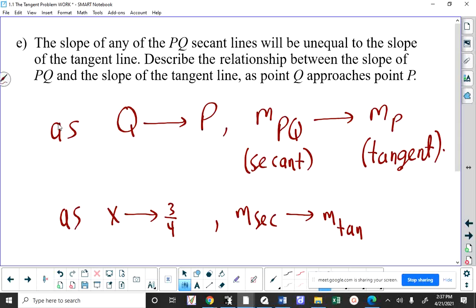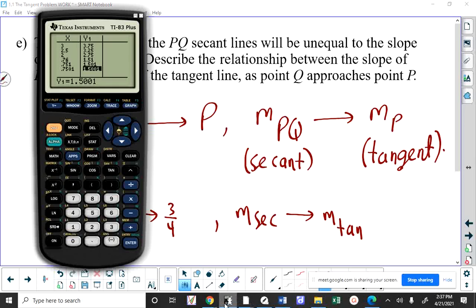Wait a minute. If I just keep putting in values for x of point Q closer and closer to the x coordinate of P to get a secant that's closer and closer to the slope of the tangent, why don't I just put in 0.75 for the x coordinate?